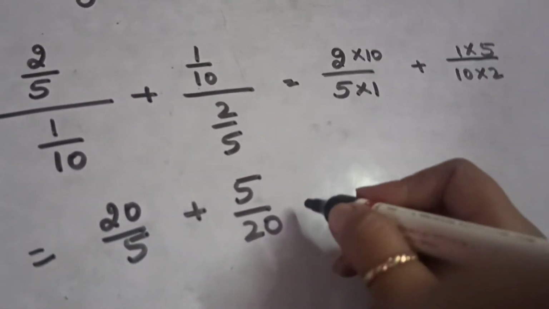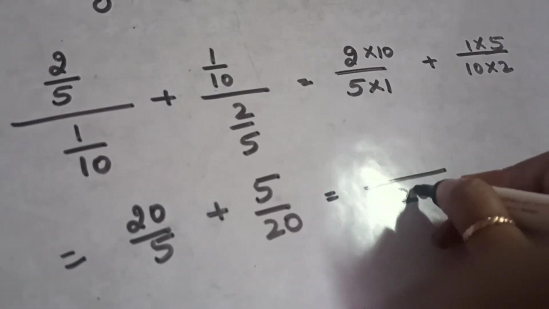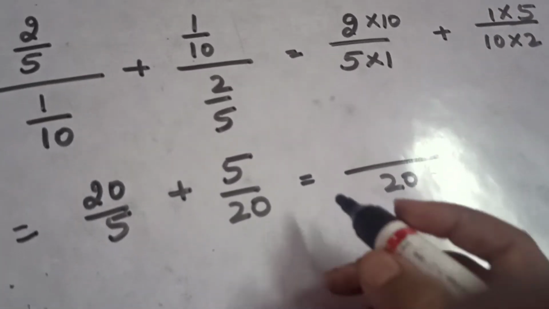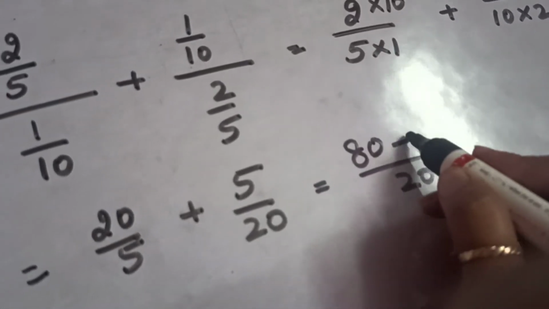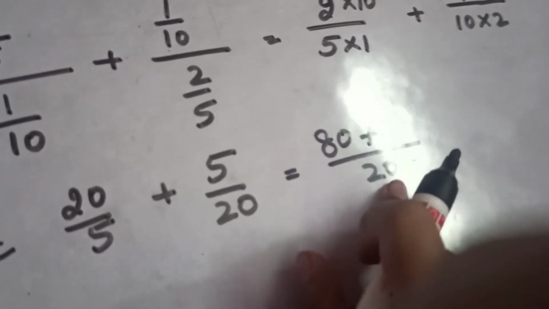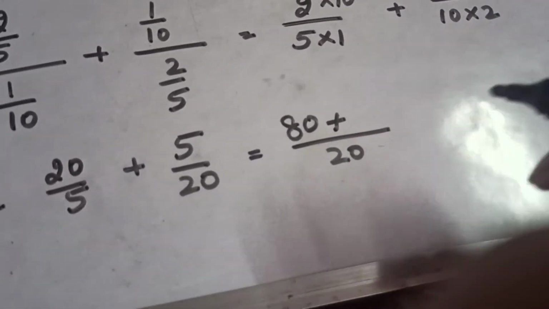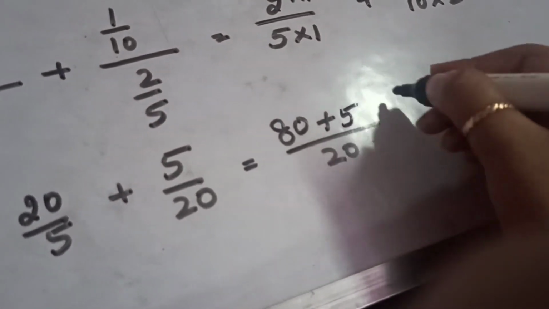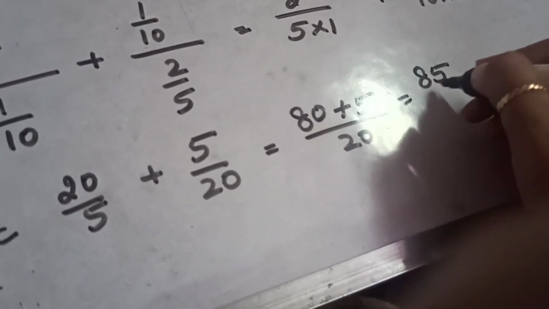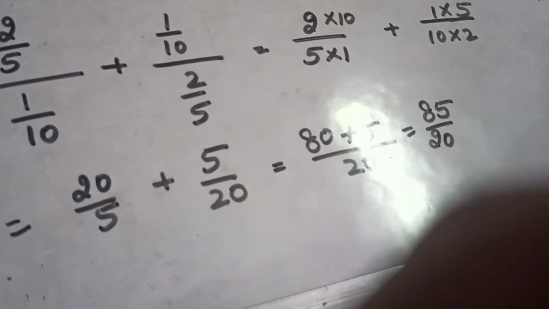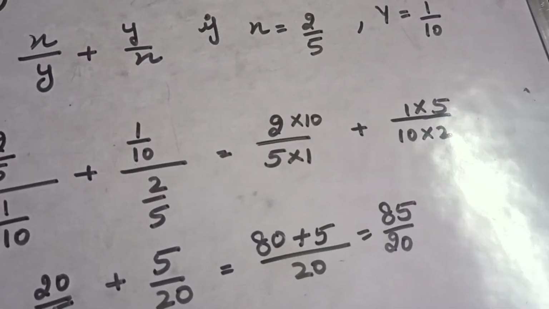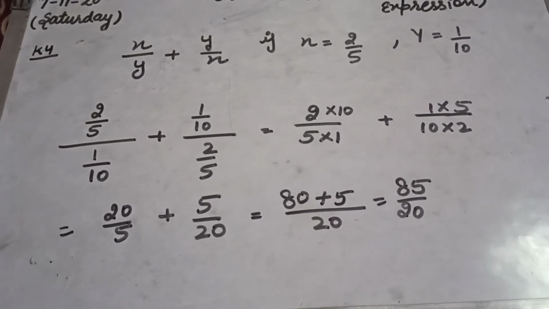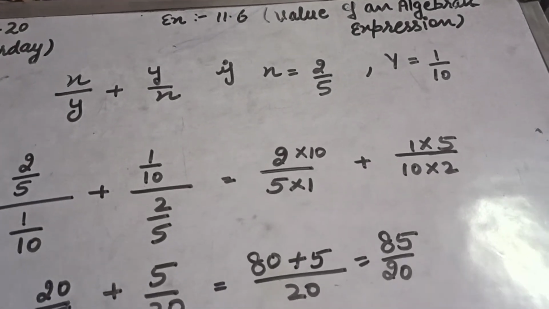Now you will take the LCM. 20 divided by 5, 4, multiply with 20, plus denominator divided by denominator, 20 divided by 20, 1 multiply with numerator, 1 5s are 5, and your answer is 85 by 20. You can write it in a shorter form, divide it with 5. Clear? This is K4, sorry.